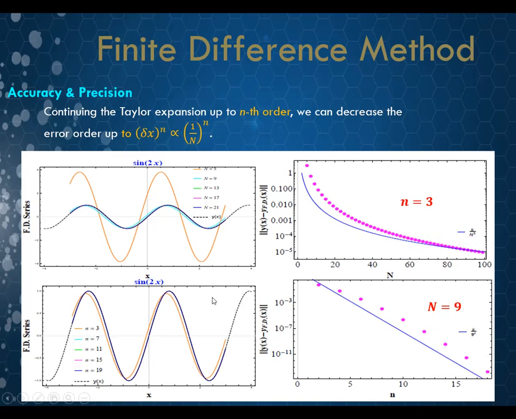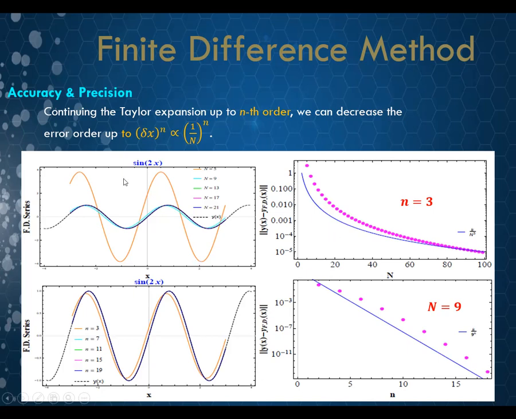And also see the second row. If we fix the capital N, I mean the number of grid points, at 9, and change the order of the expansion, you see that by increasing the order of expansion, the maximum difference between the exact sine of 2x minus the finite difference series decays to, for example, 10 to the power of minus 11, and decays as 1 over 9 to the power of n.